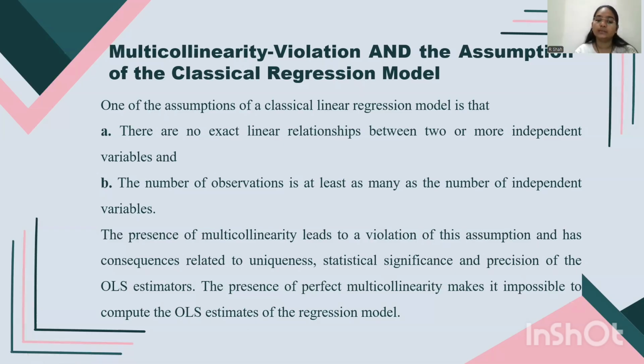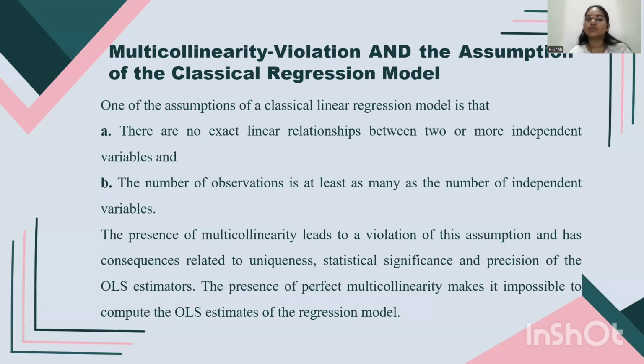So if multicollinearity is present, there are consequences related to uniqueness, statistical significance, or precision of the OLS estimator. Right? So if perfect multicollinearity is present, it is impossible to compute the OLS estimator of the regression model.